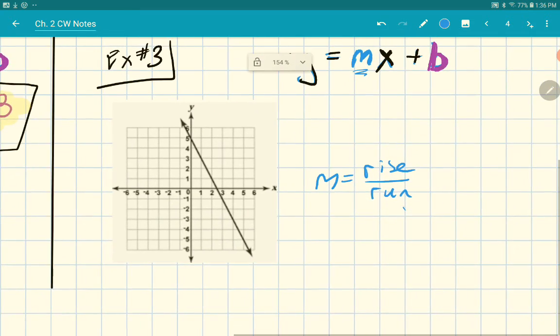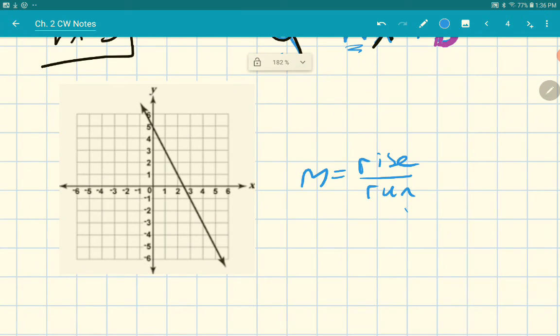Let me zoom in on this graph so I can see a little better. I want to look for 2 places where it intersects the grid, like where it crosses a crossbar, so that it's easier to count. So it intersects here, and here, and here, and here, here, here.